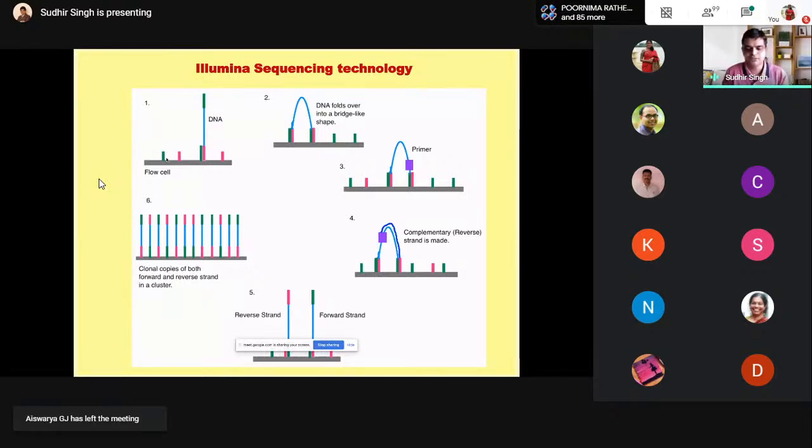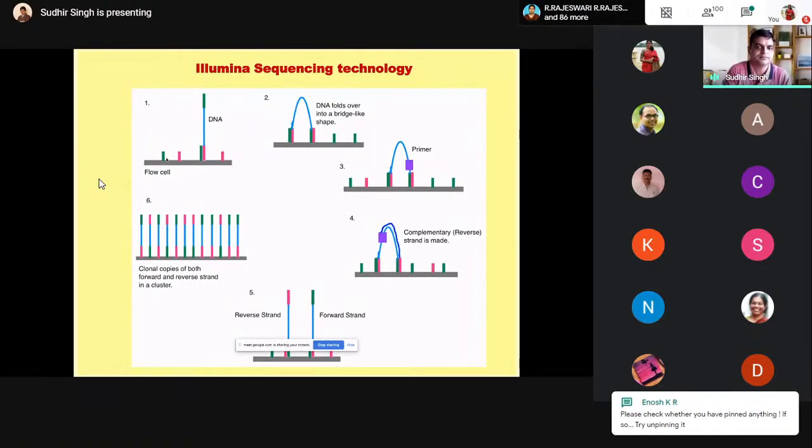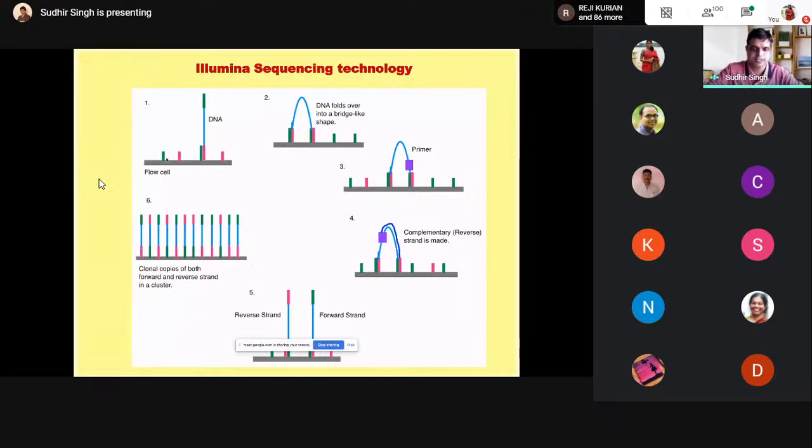Recollect the ELISA plate where you have a 96-well plate; you exponentially increase that so that millions of wells are there on this flow cell, and each of them has a single reaction. So in Illumina-based sequencing, almost 1 million sequencing reactions happen in parallel, and millions of bases of data are generated after every round of synthesis.